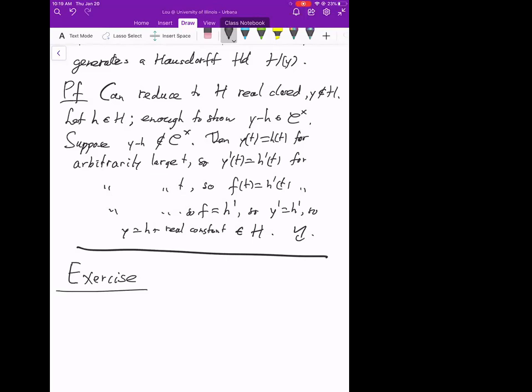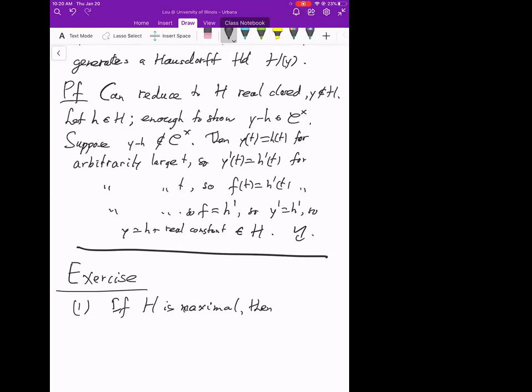First of all, if H is maximal as a Hausdorff field, so among Hausdorff fields there are maximal ones, then if you take limits, you get all the real numbers.